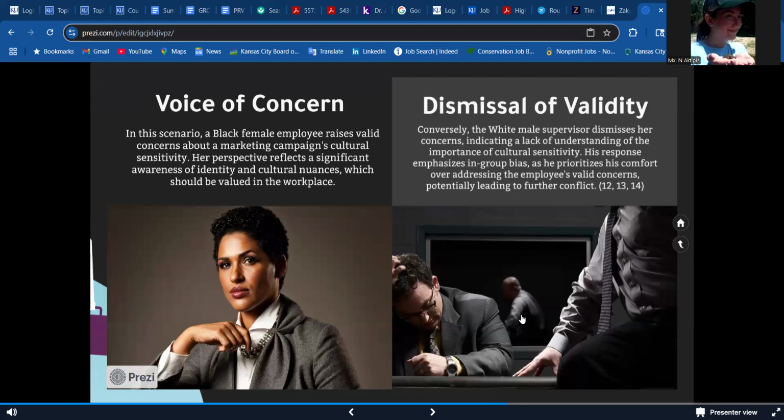which is not a great norm for a supervisor in general, but it's also not really putting any trust into your employee while devaluing what she's saying to you, saying, hey, listen, this is not going to play out well. And then there's also in-group and out-group bias, right?